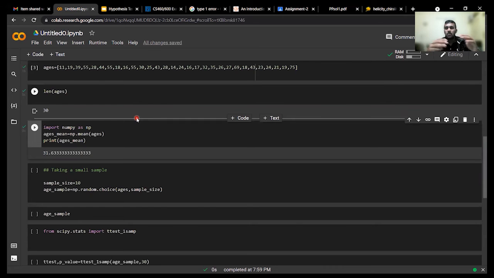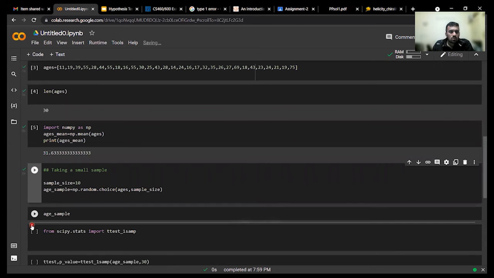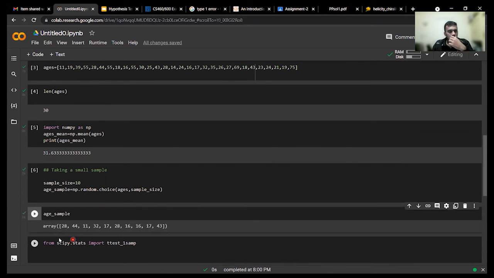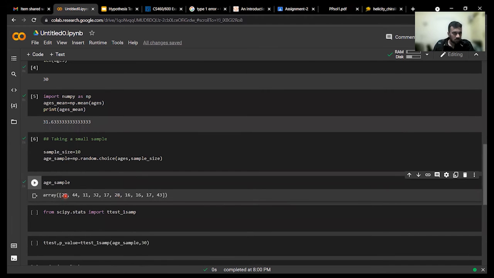The mean of the whole data set is represented by the null hypothesis, and the mean of this small sample data set is represented by the alternative hypothesis. I randomly chose 10 people and took their ages: 28, 44, 11, 32, and so on.